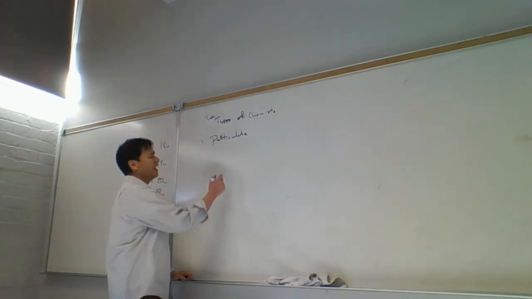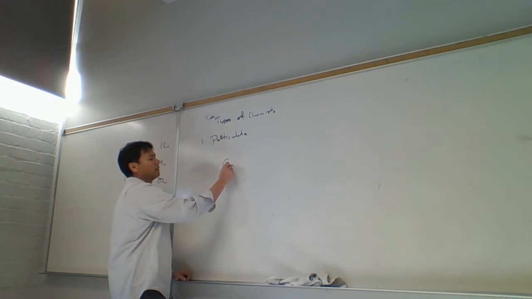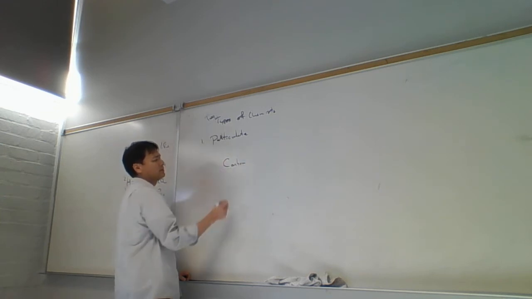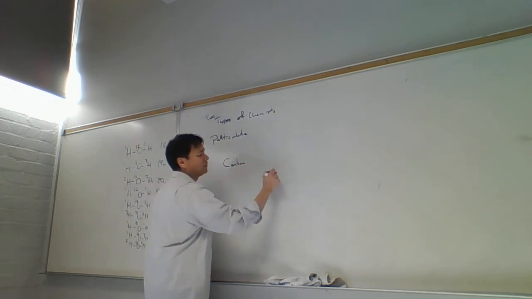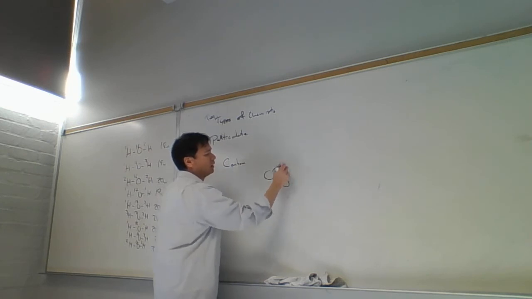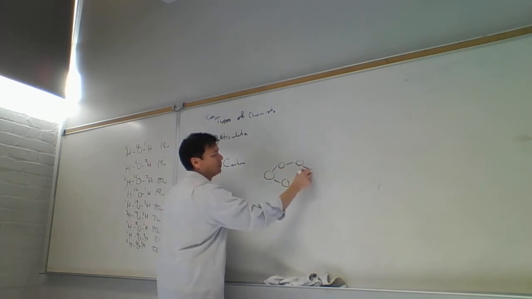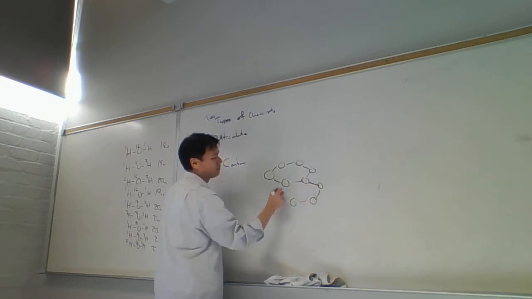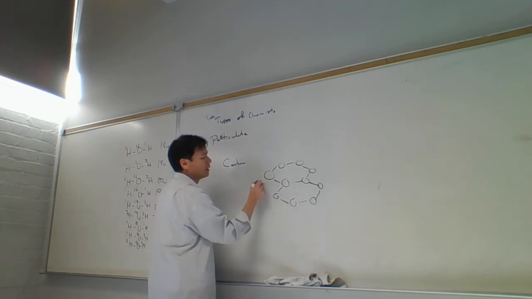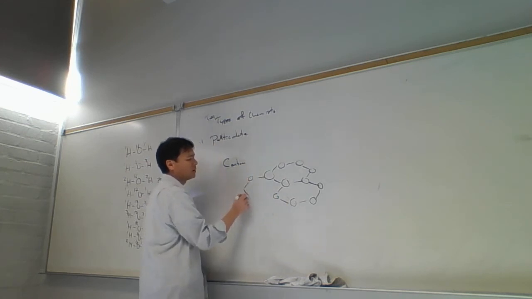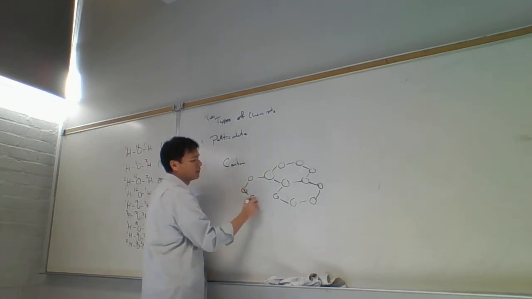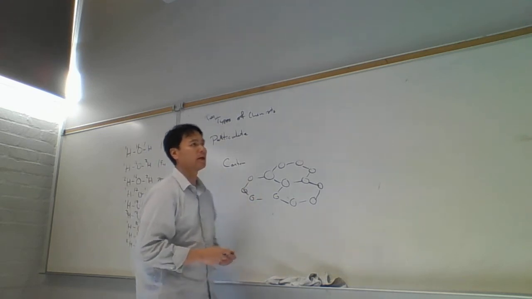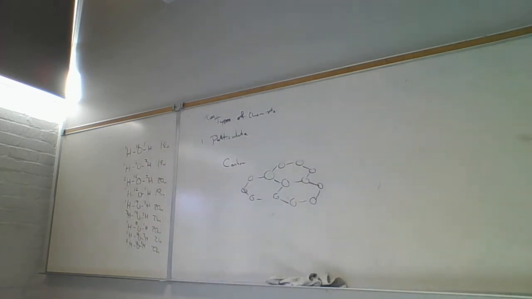So the same thing happens if you have a sample of carbon. If we have a sample of carbon, then at the particulate level, we've got to concern ourselves. Carbon in graphite form, and I'll just spread out the atoms so we can see it, forms these hexagonal sheets like this. Most of the carbon atoms are what? So we look up at the data. Most of the carbon atoms in graphite are carbon 12.